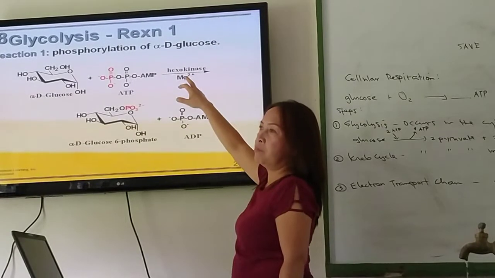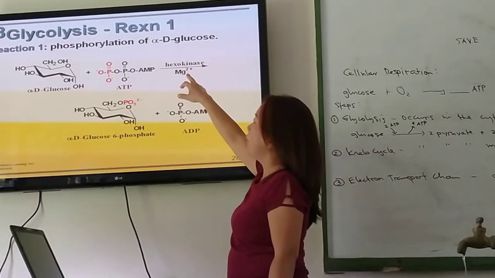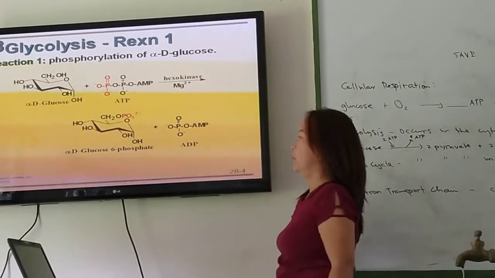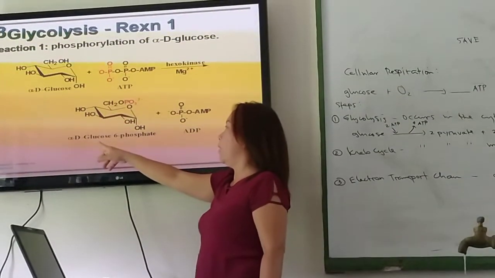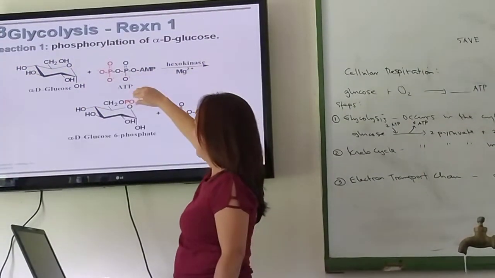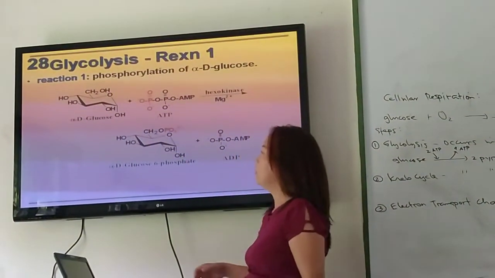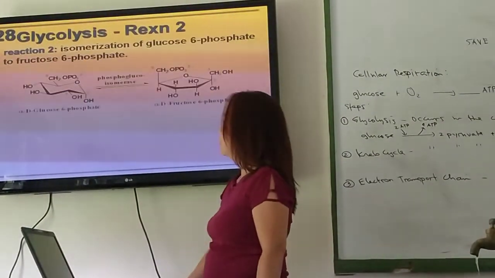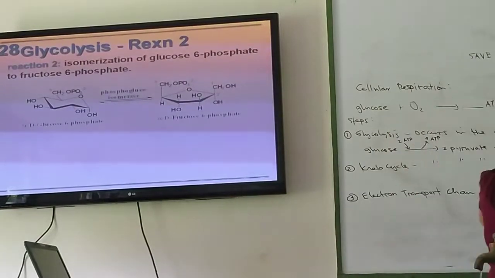This metal will also participate in catalyzing the phosphorylation of glucose. Okay, so as a result, you have now the glucose 6-phosphate, where you find the phosphate on the 6th carbon. Then reaction 2 is isomerization.